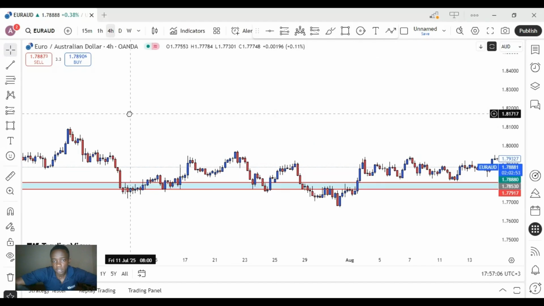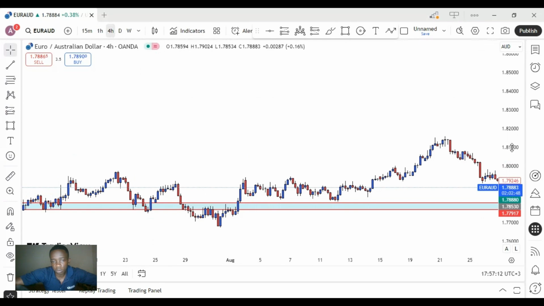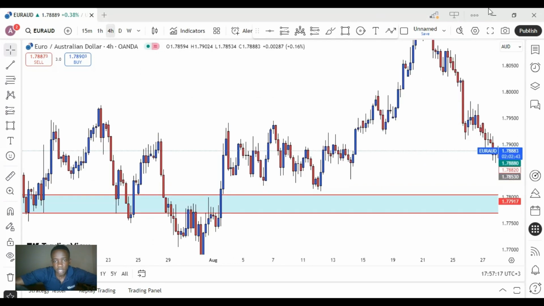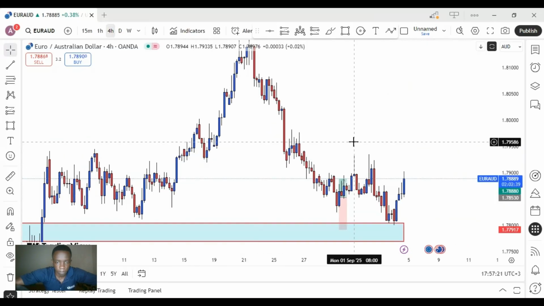And then over here, we see price has come back to this zone. I want you to focus on this zone right here.